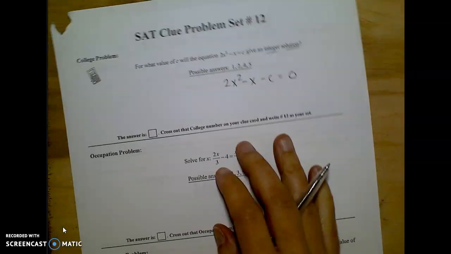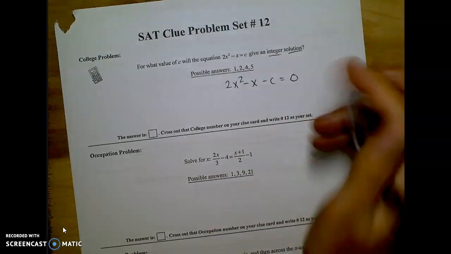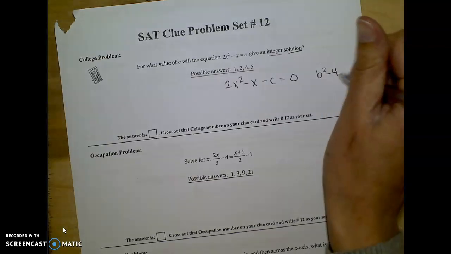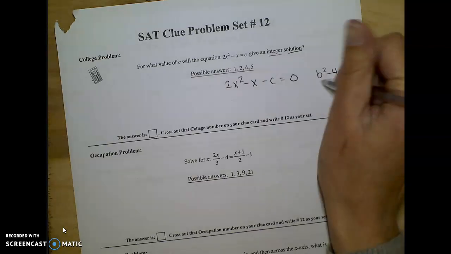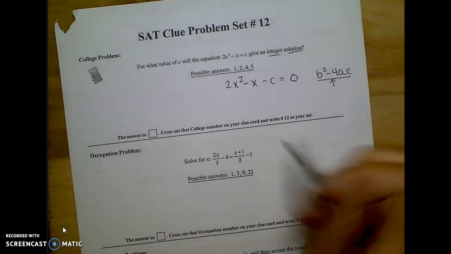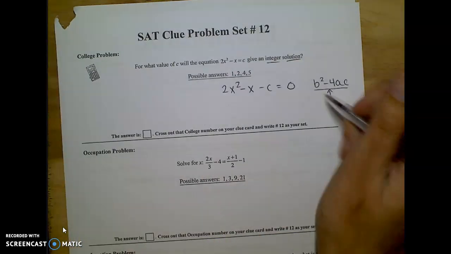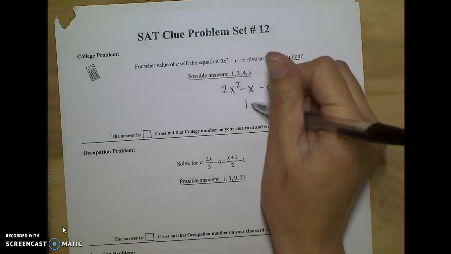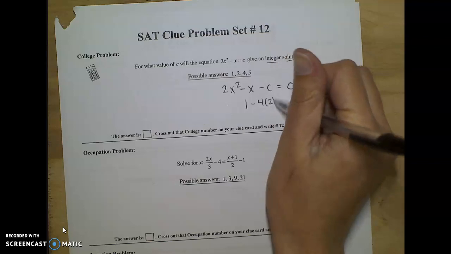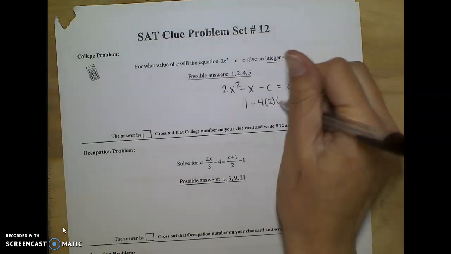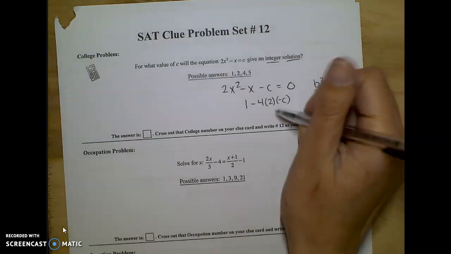And I wasn't really quite sure how to factor that since I didn't know it, but part of the quadratic formula, the b squared minus 4ac part, that discriminant, will tell me what types and how many solutions I have. So I used that and I did b squared, which would be 1, minus 4 times a, which is 2 times negative c.